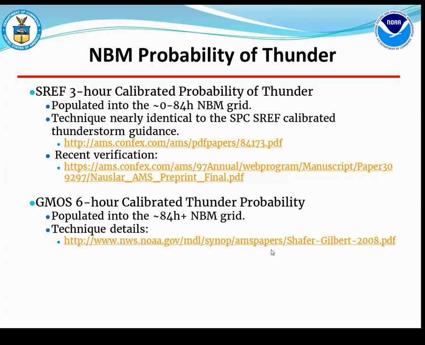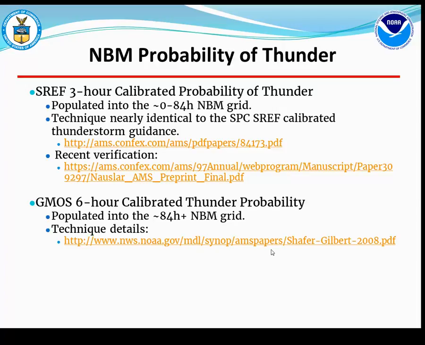One final field that is included in the NBM version 3 is the probability of thunder, and currently that is not a quote-unquote blended field. Right now the SREF is used in the short term, and the SPC 3-hour calibrated probability of thunder is used, in a technique that's very similar to the SPC technique that's calculated on WCOSS.